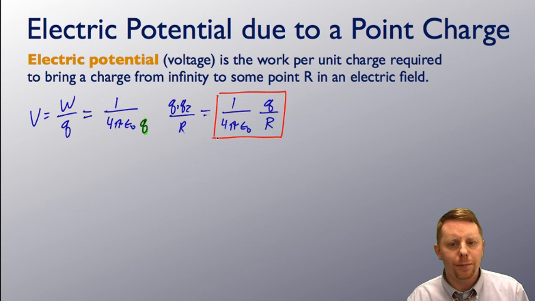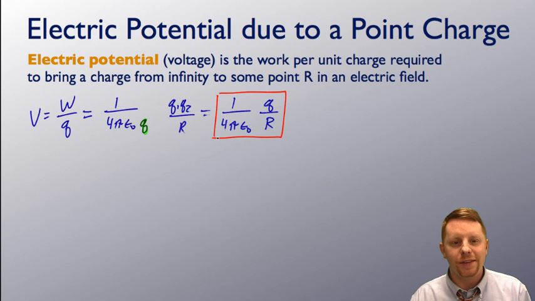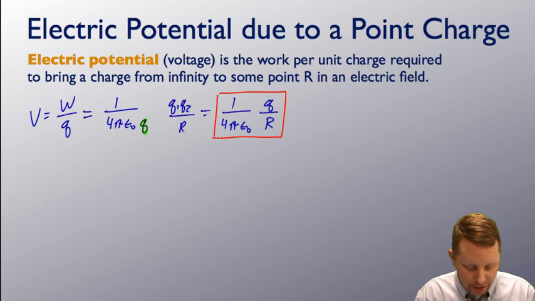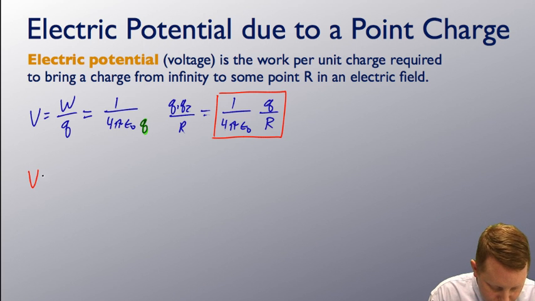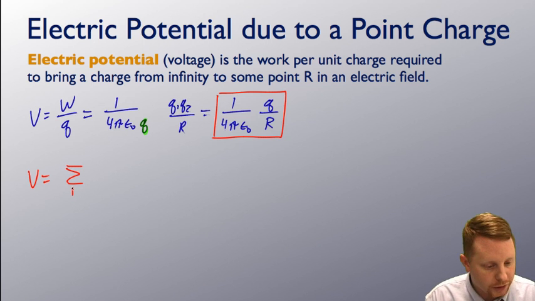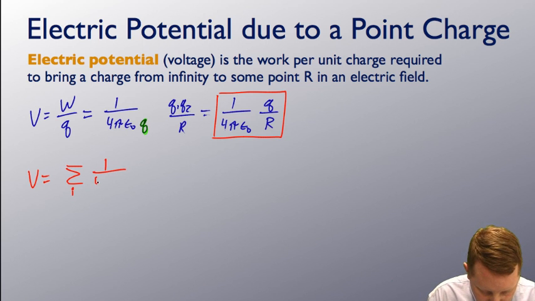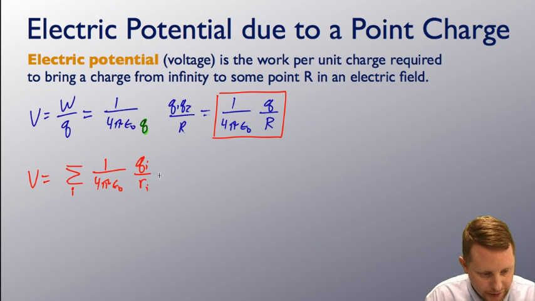And if we have multiple charges, well, voltage or electric potential is a scalar. All we have to do is add up the electric potentials due to each of those individual charges. So potential then is going to be the sum over all the charges i of 1 over 4 pi epsilon 0 Qi over Ri.